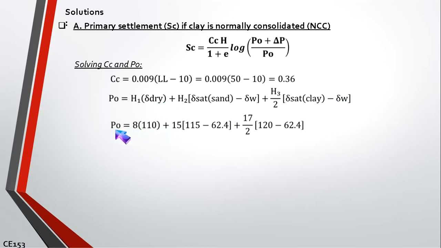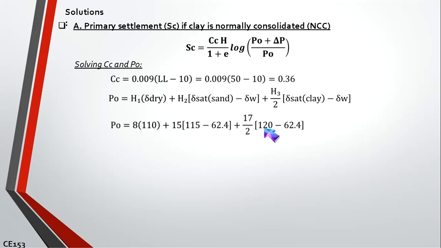The effective pressure at the midpoint of the layer where settlement is required is equal to 8 for H1, times the dry unit weight 110, plus H2 which is 15, times the saturated unit weight of sand 115 minus the unit weight of water 62.4, plus the height of clay H3, 17, divided by 2 to get the midpoint, times the unit weight of saturated clay minus the unit weight of water.